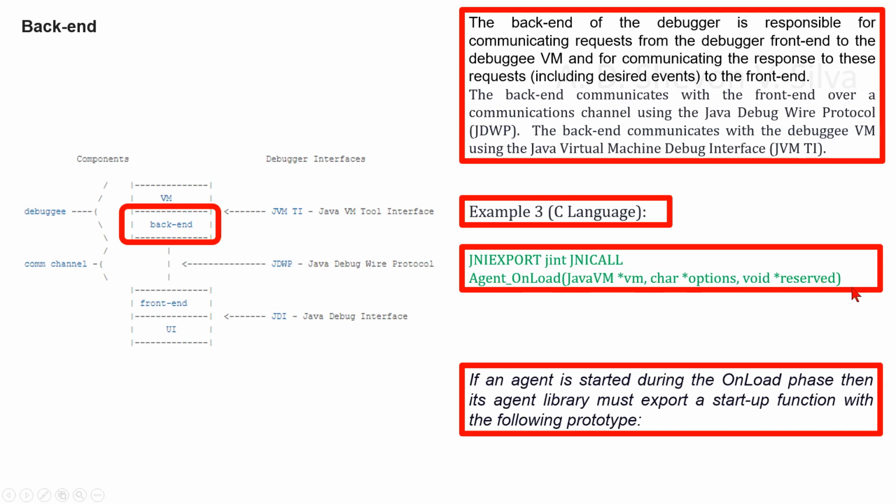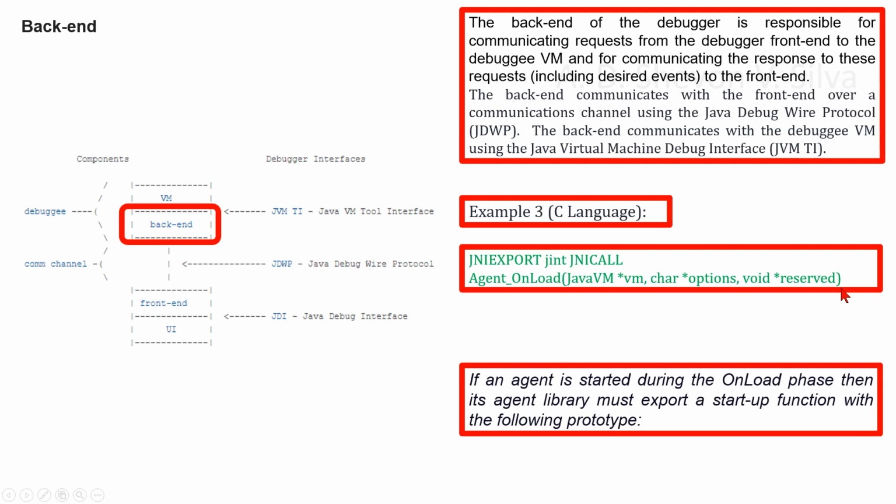This will be called early enough in the VM initialization that system properties may be set before they have been used in the startup of the VM. The full set of capabilities is still available. Note that capabilities that configure the VM may only be available at this time. No bytecodes have executed, no classes have been loaded, no objects have been created.